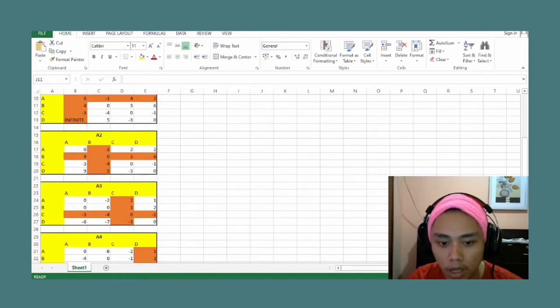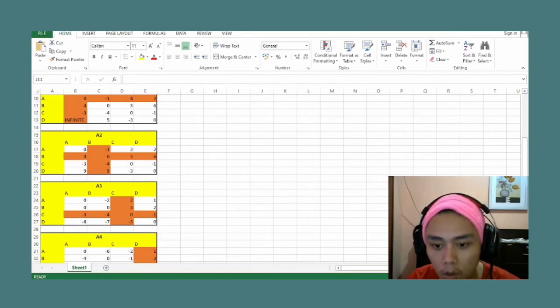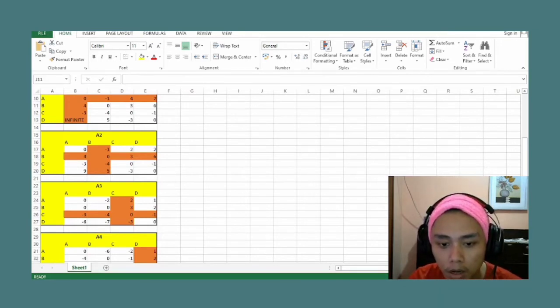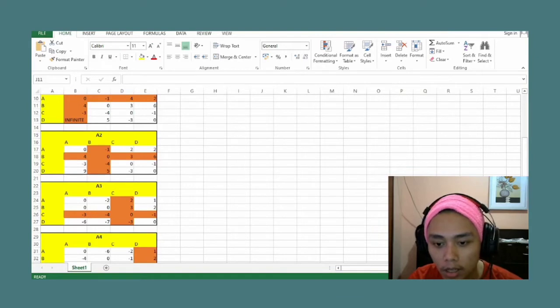C to A is equal to -3 and will replace the previous value, which is 0. C to D will remain unchanged because the previous number, -1, is less than 2. D to A is equal to 9, and D to C will remain unchanged since -3 is less than 8.